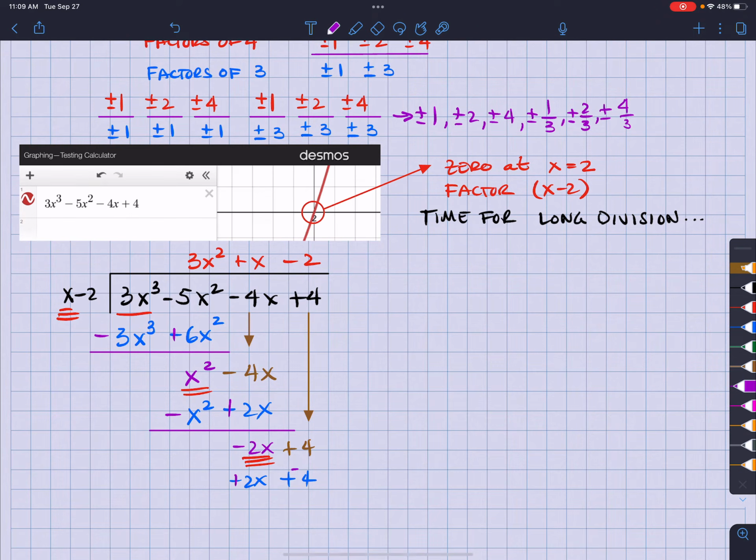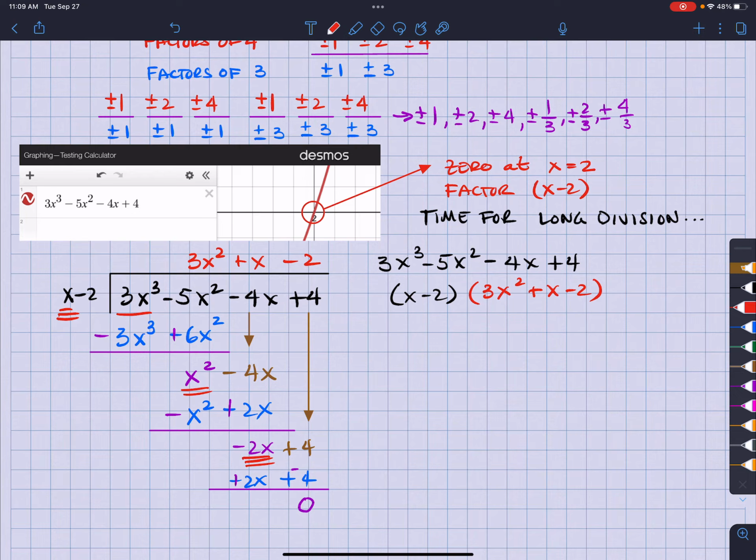Flip the signs and add, and no surprise, my remainder is 0. Okay? So which tells me that 3x to the third minus 5x squared minus 4x plus 4 breaks down to x minus 2 and this depressed equation of 3x squared plus x minus 2. Okay? So I have one of the factors, and I can deal with this part right here.